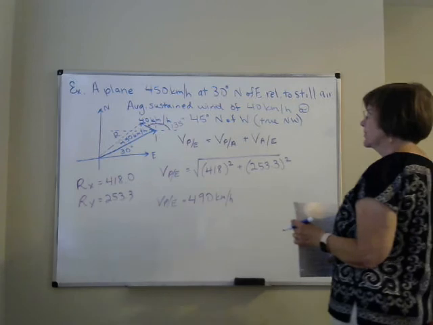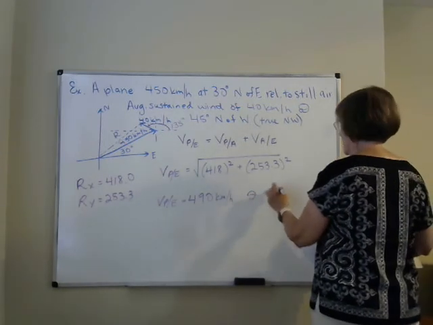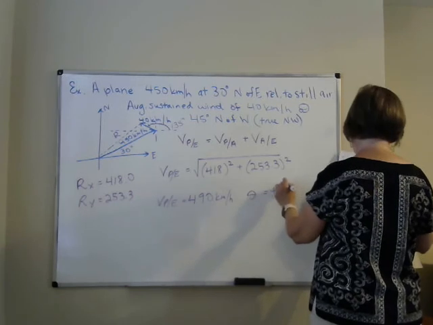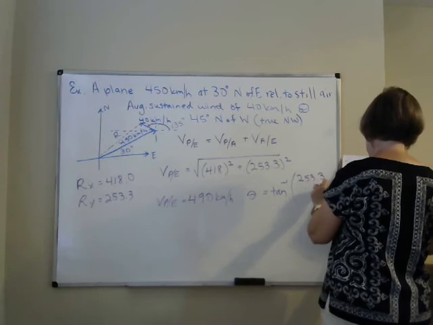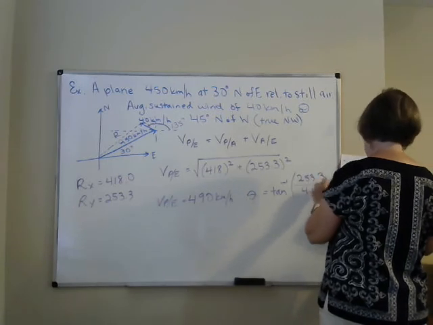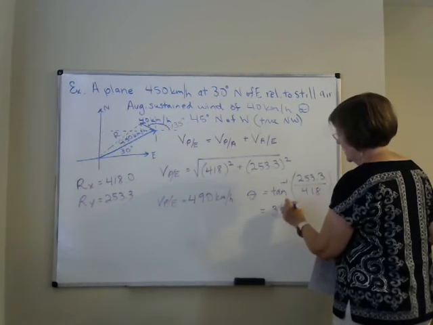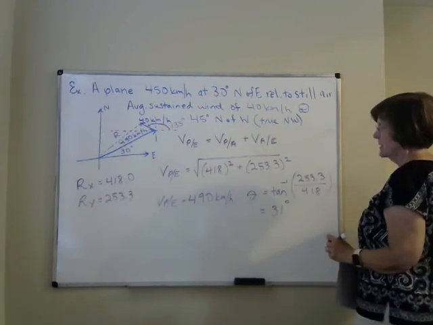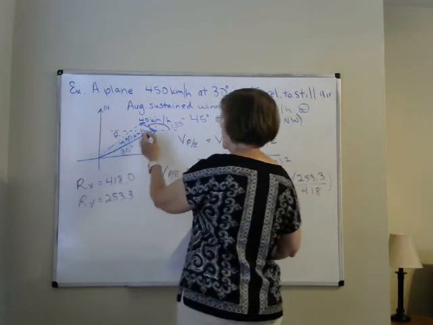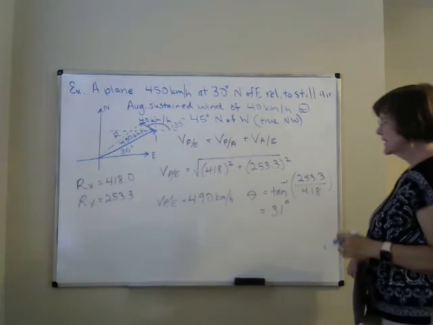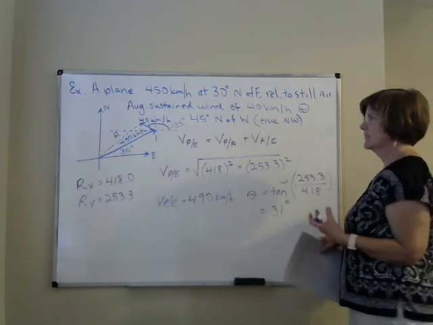However, it also blows it slightly off course. I got 31 degrees. So instead of sticking truly to 30 degrees, he's going to go at 31 degrees. If he does this too long, he's going to be off course if he hasn't corrected for the wind.